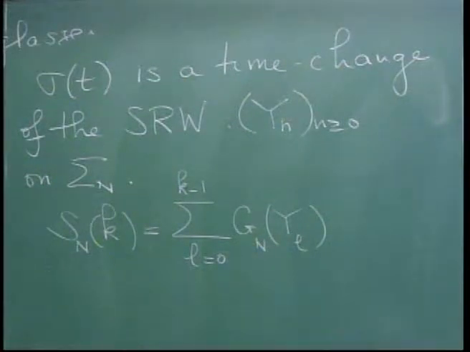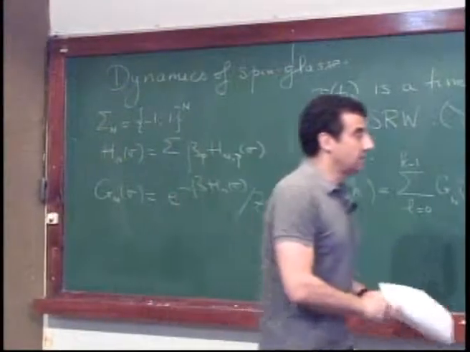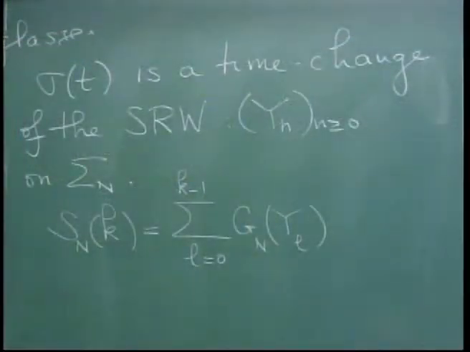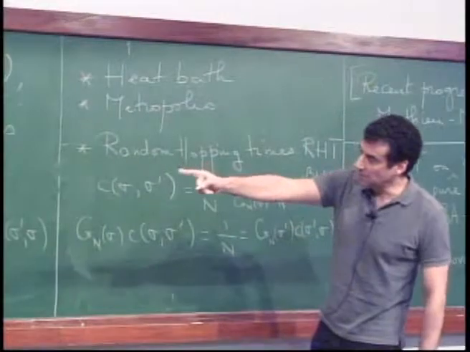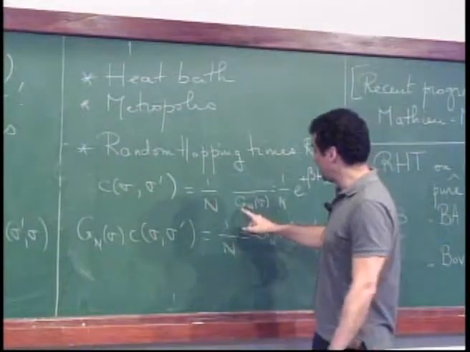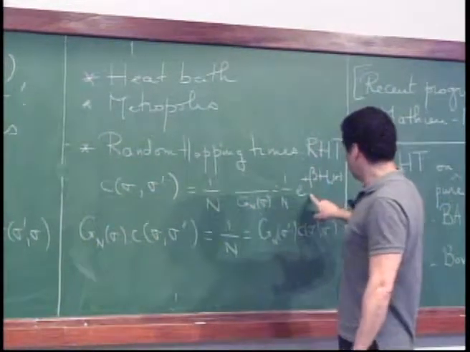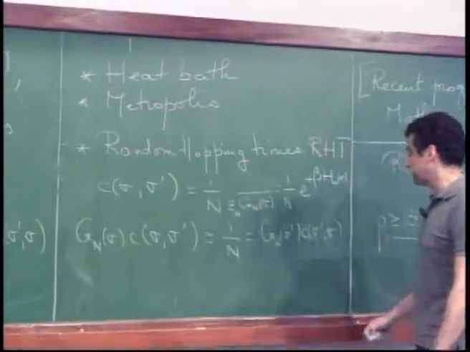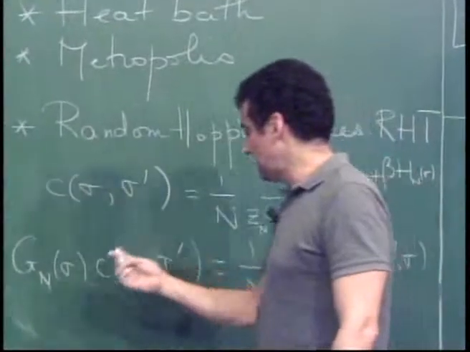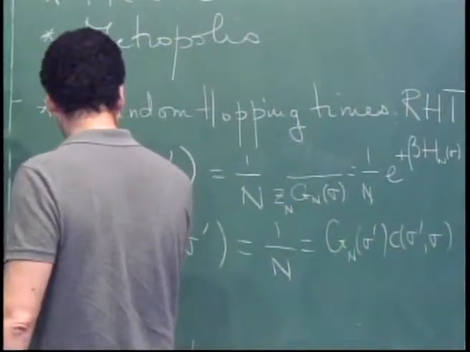I'm sorry, I said something completely wrong here. It's not the Gibbs weight I wanted, because when I write it like this, I forgot the normalization. The Gibbs weight is the exponential of minus beta H divided by Zn. The Zn doesn't make any difference in my picture here.